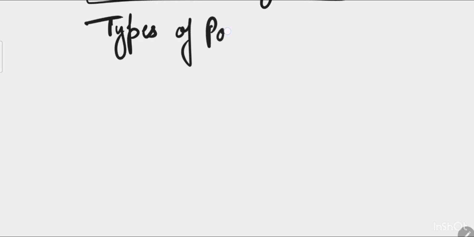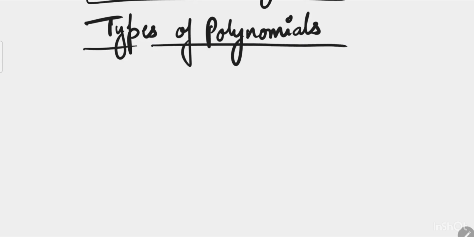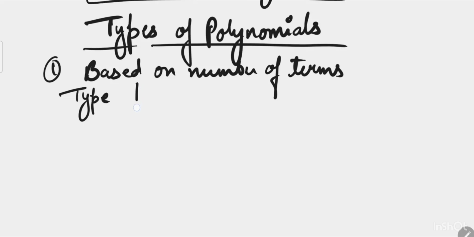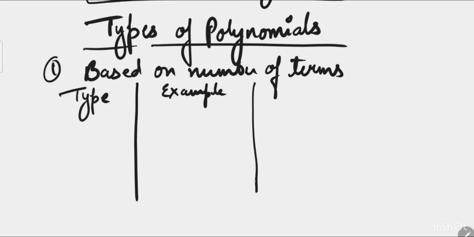Now, types of polynomials. Based on the number of terms, we can make a table: type and example.